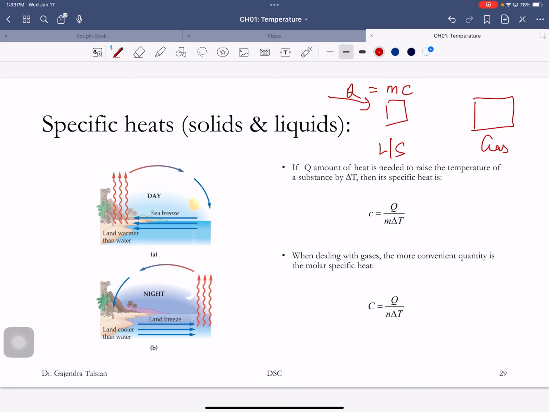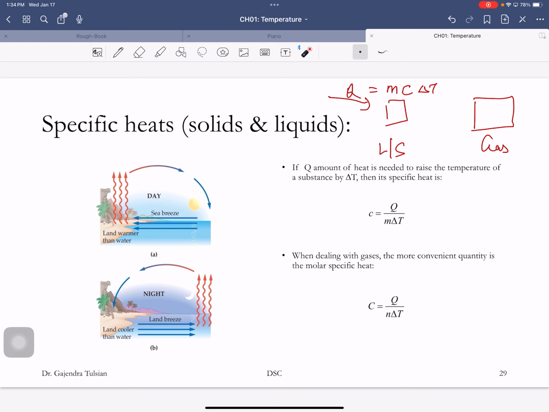And depending on the solid and liquid, so this is how much heat you've added. This is the mass of the object. That's something called the specific heat of the mass of the solid or liquid times the temperature rise. And so you can see if the specific heat is high, the temperature rise is lower.